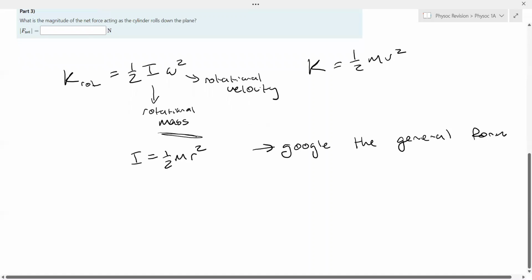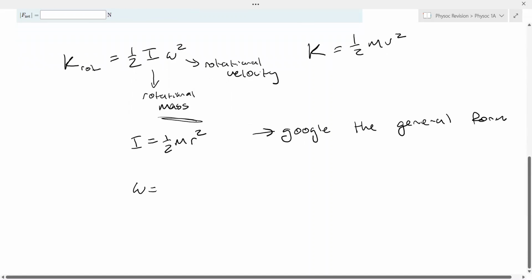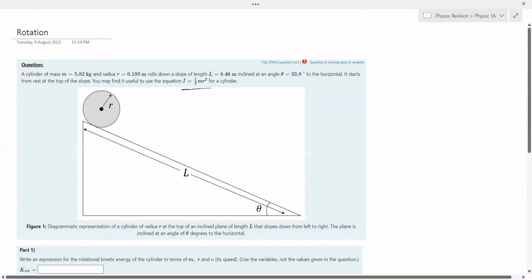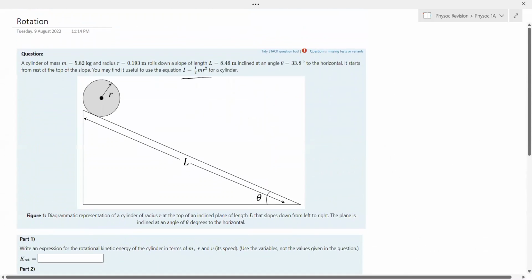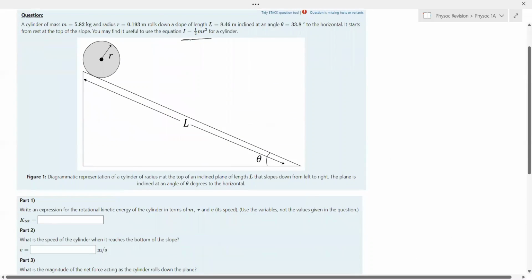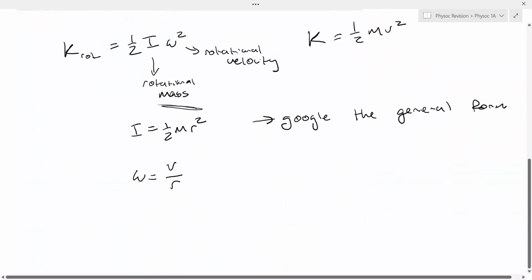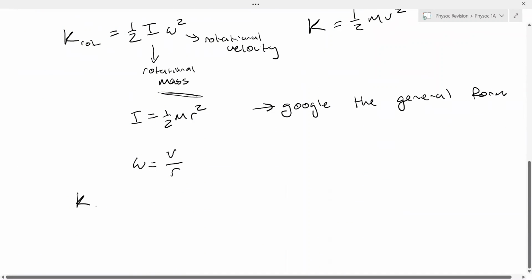And we also know our rotational velocity is equal to our regular translational velocity v over r, the radius. We're not given v, but they want it in terms of v, its speed, which is just how fast it goes down the hill rather than how quickly it's going to rotate. And so it's just rearranging for this.